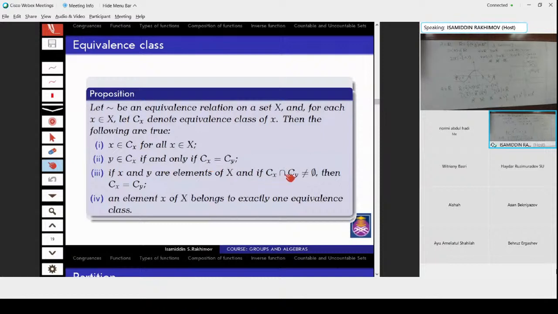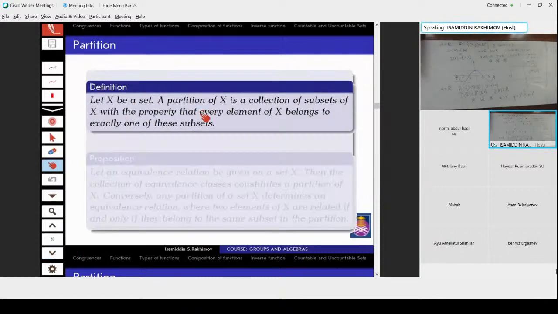If you have a non-empty intersection, they also coincide. Then any element x belongs to exactly one equivalence class. This is a very nice property because it gives you the following partition.